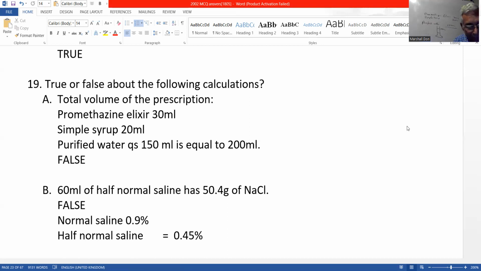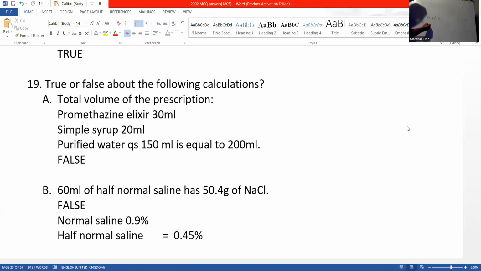B. 60 ml of half normal saline has 50.4 grams of sodium chloride. Half normal saline means it is half of the normal saline strength. Normal saline strength is 0.9% weight by volume.